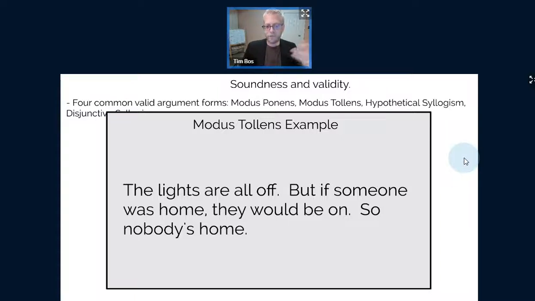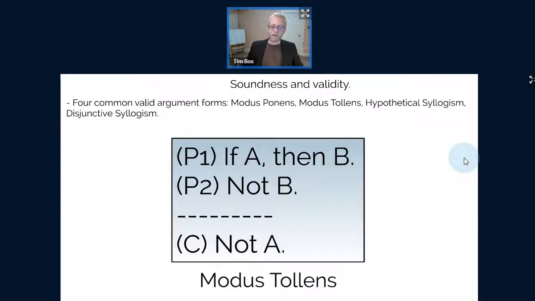That's a big if, maybe that statement might not have been true, but we're imagining a case where if somebody's at that home, the lights would be on, but the lights are all off. What does that logically entail? Nobody's home. This follows that modus tollens format. If A, then B, not B, therefore not A.